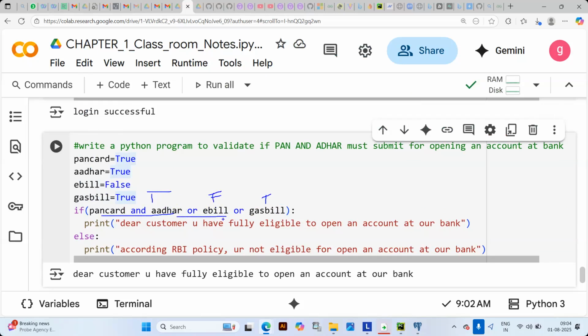Then if he comes here, instead of this, the gas bill is submitted, the electrical bill is not submitted. Therefore, this condition is also true. Are you clear? This is how, within the same condition, more than one condition is included by a combination of logical AND and OR. Got it, sir. Correct.